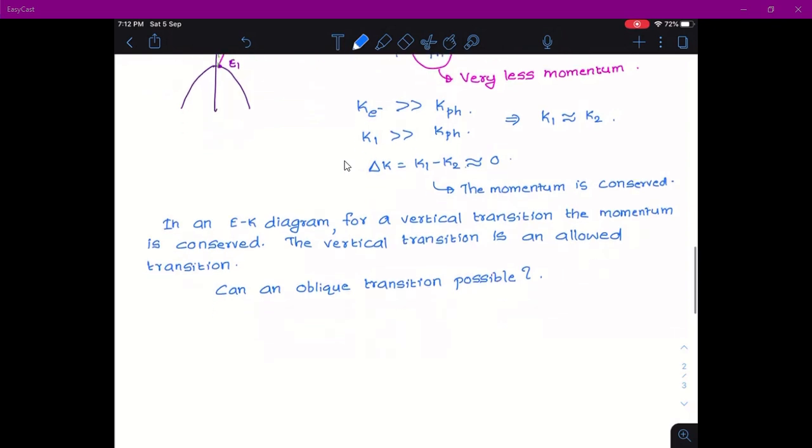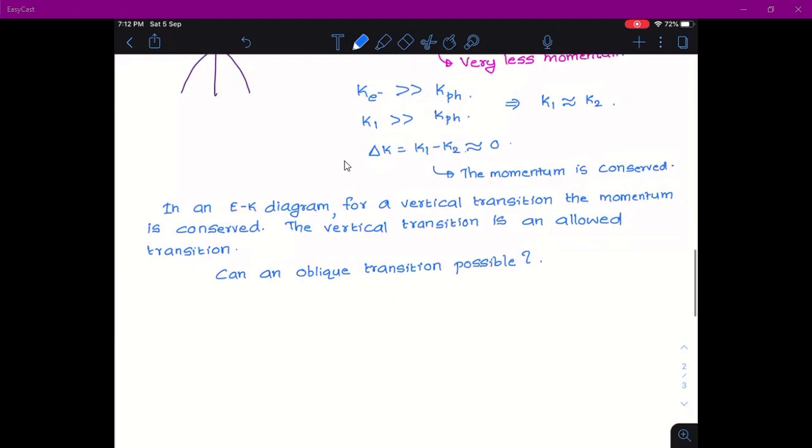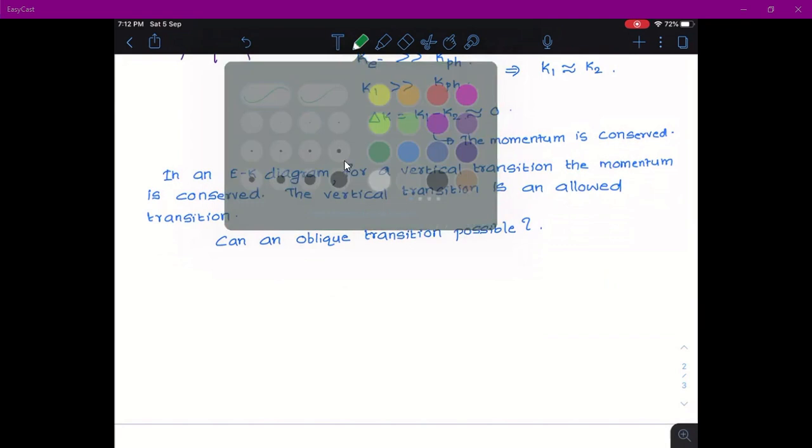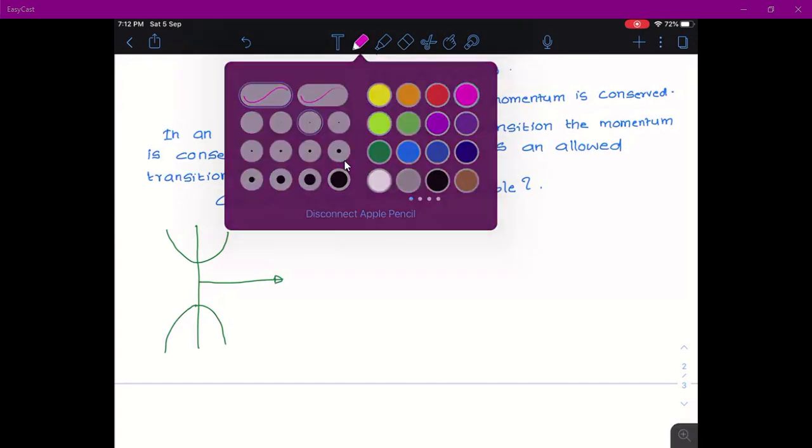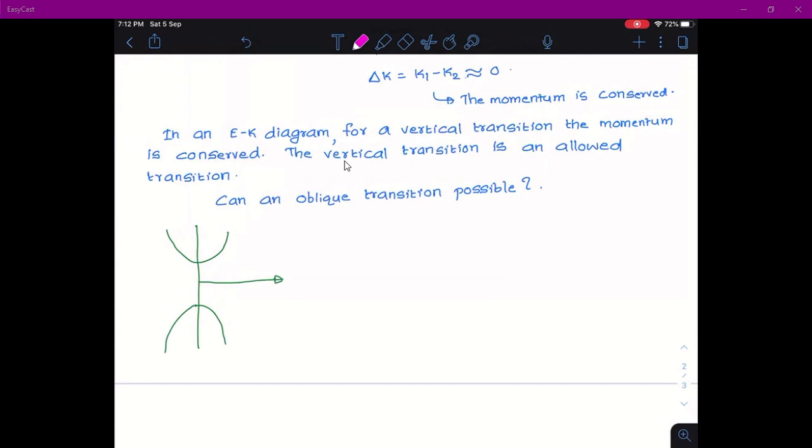Okay. So in order to answer that, let us again look at a direct band gap semiconductor in an EK diagram. Instead of directly using a photon incident, let's see when there is an emission, when an electron jumps from a high energy level to a lower energy level.